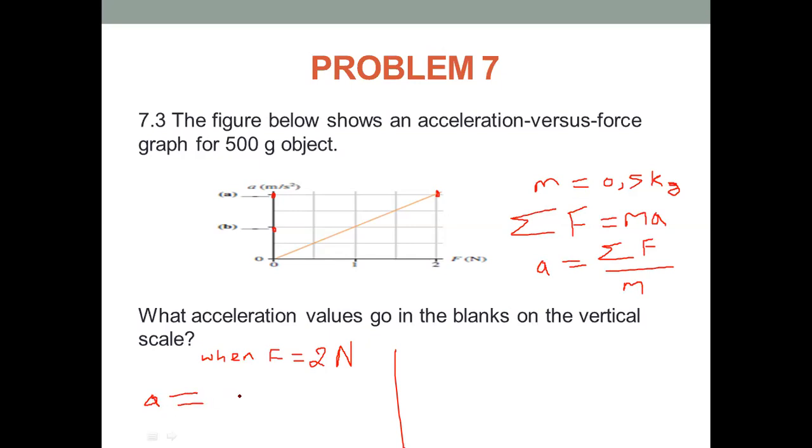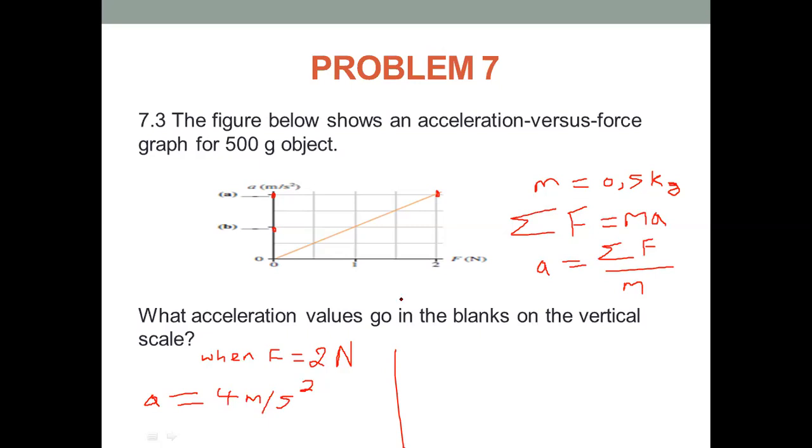When F is 2, we have 2 over 0.5, so 2 divided by 0.5. Which means acceleration will be 4 meters per second squared.